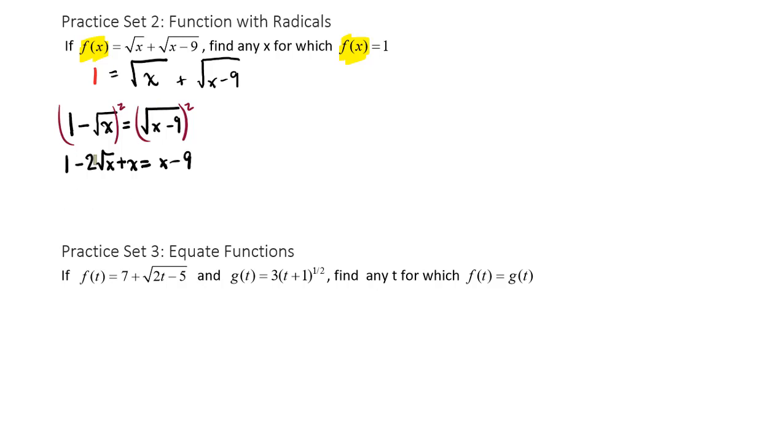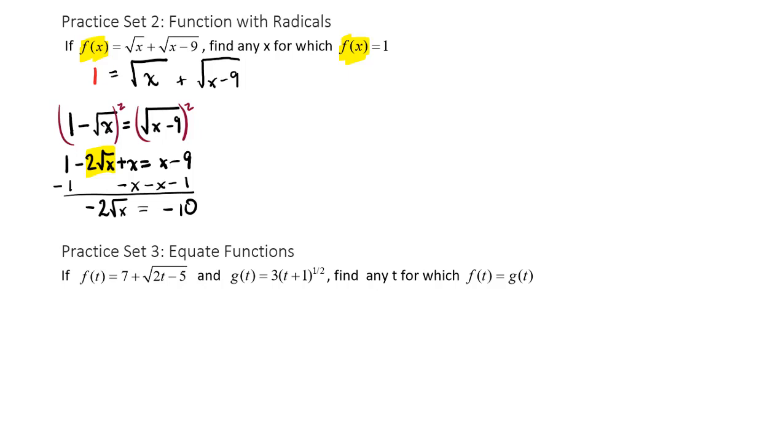I still have a radical on the left, and so I am going to have to square this equation one more time. But before I do that, I have to isolate the radical term. So I'm going to subtract 1 from both sides and subtract x from both sides. Now I have negative 2 root x equals negative 10.